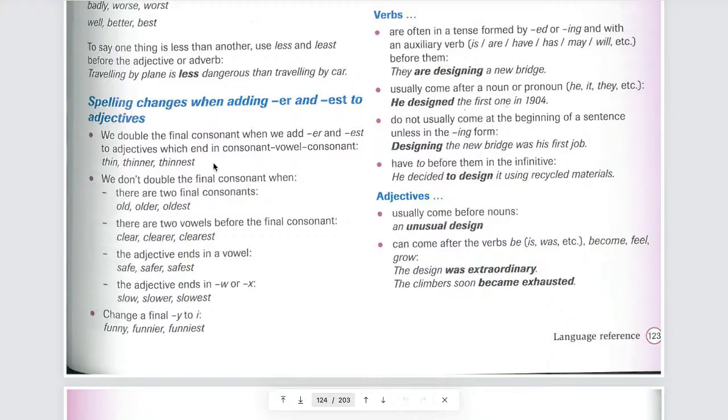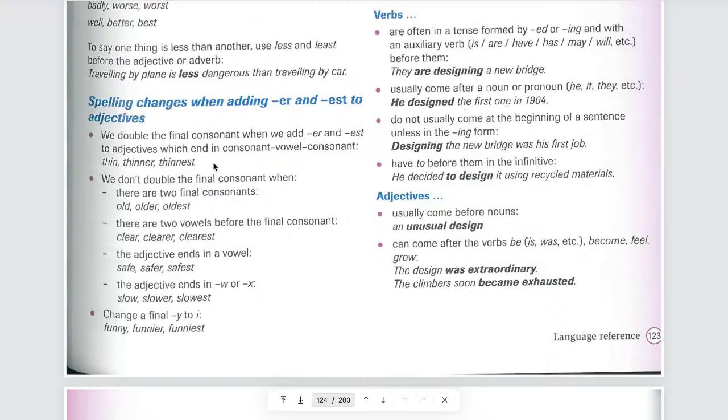So if an adjective ends with consonant, vowel, consonant, like this, we need to double the final consonant.